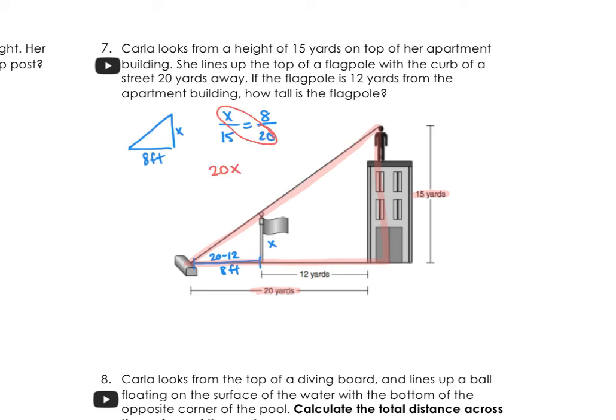So 20x equals 15 times 8, which is 120. And then we can divide by 20. So x equals 6. So the flagpole is 6 yards tall.